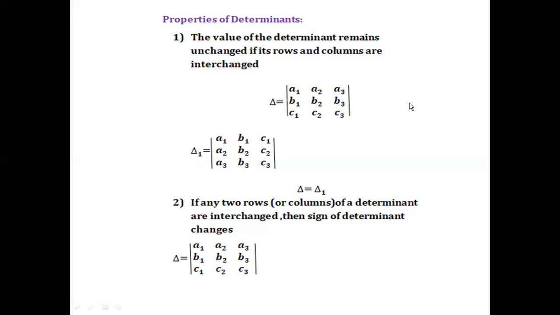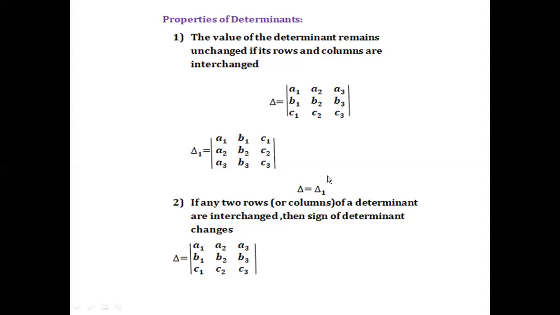If we change the rows into columns, the first row into the first column, the second row into the second column, and the third row into the third column, and denote the resulting determinant as delta 1, then by using determinants of order 3 by 3, we observe that the values of delta and delta 1 are the same. Thus delta equals delta 1, or delta 1 equals delta.